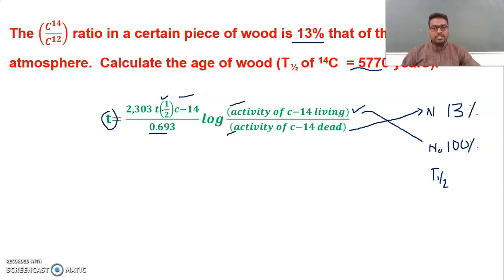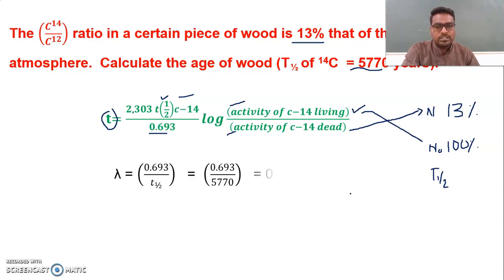Or else we can calculate the lambda value separately. We know that lambda is equal to 0.693 divided by T half, which is 0.693 by 5770. So it will give 0.001201 per year.